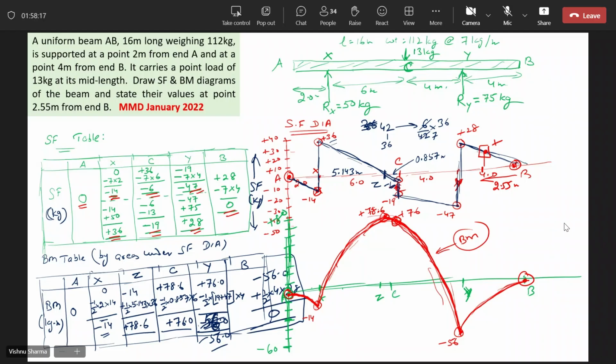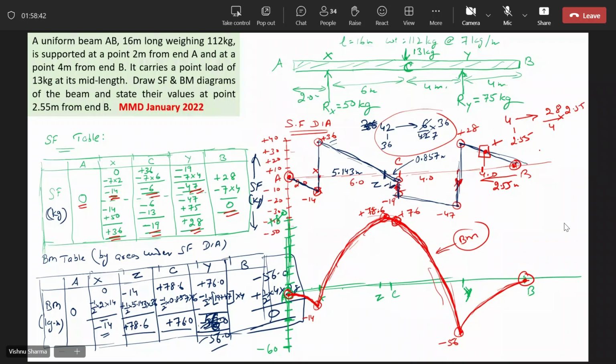So we can use the same concept which we applied here, the unitary method. Over 4 meters of distance, the shearing force changed by 28 units, 0 to 28. Over 1 meter, it will change by 28 by 4. Over 2.55 meters from B, it will change by this much.